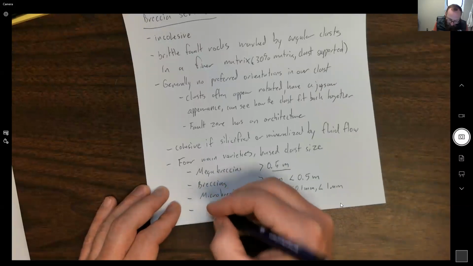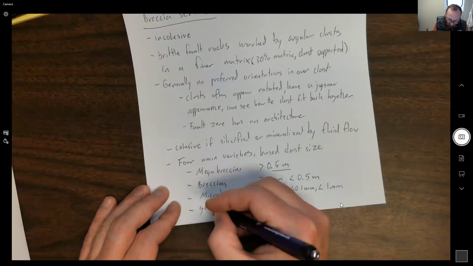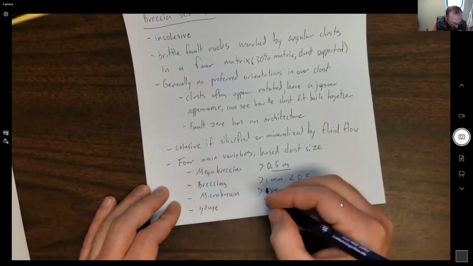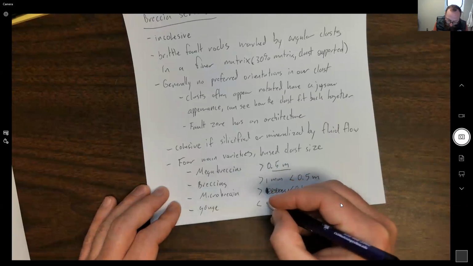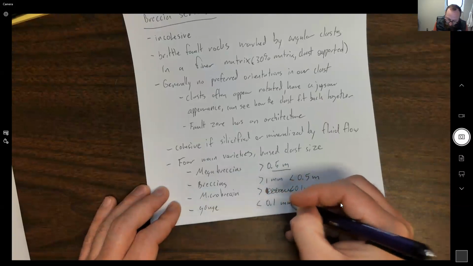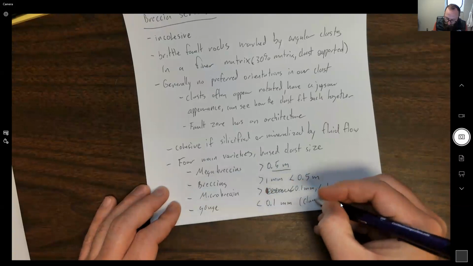And then our smallest size is gouge, in which the clast sizes are smaller than 0.1 millimeter. In essence, clay-sized particles.